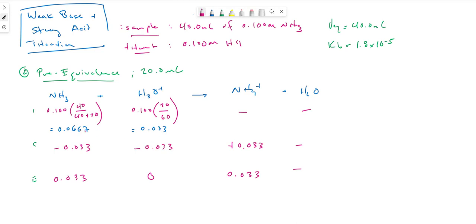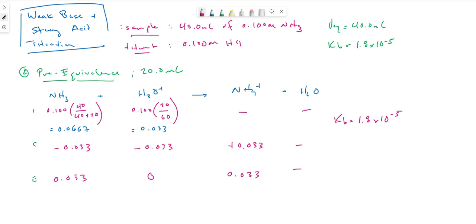I've tabulated those as 0.0667 and 0.033. These are going to react to completion because this is a neutralization reaction with a very large K. That depletes all of the H plus and subtracts the same quantity from NH3, converting 0.033 of the weak base into 0.033 of the conjugate acid, and we're left with this condition.